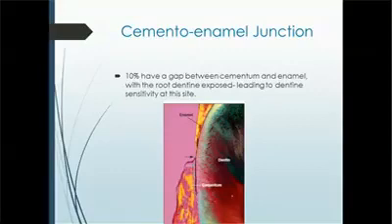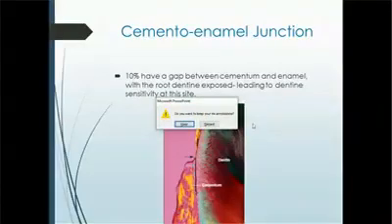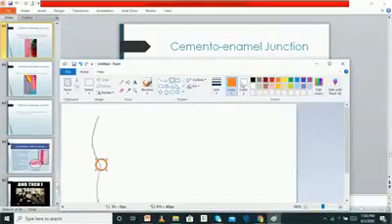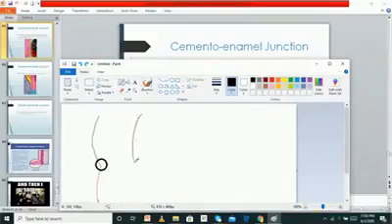So if I draw this on a paper, it would look like this. Enamel from the crown and cementum from the root, and if you can see, they do not meet at all.